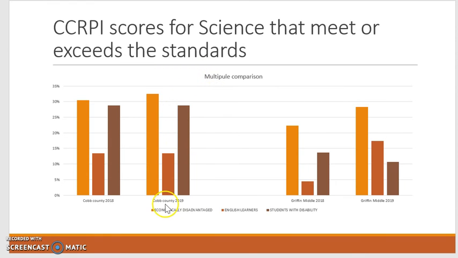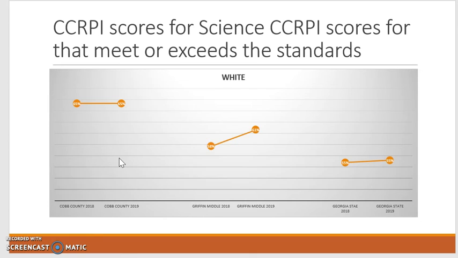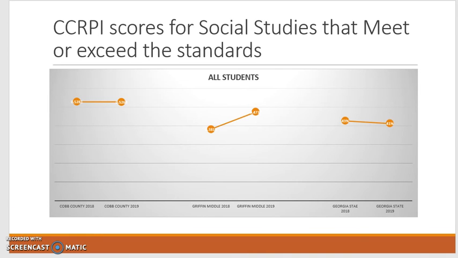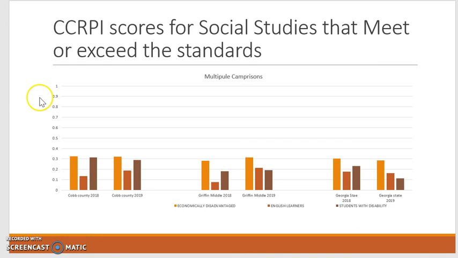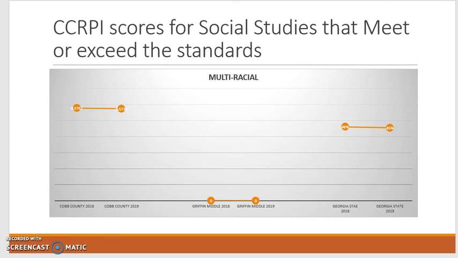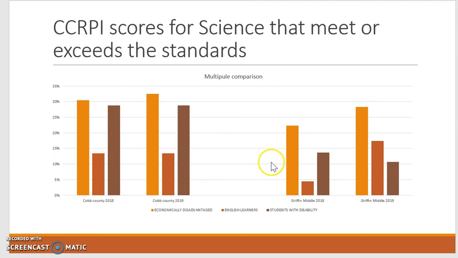For these three groups, it has remained fairly even from 2018 to 2019 at the county level. However, again, a decrease for students with disability.